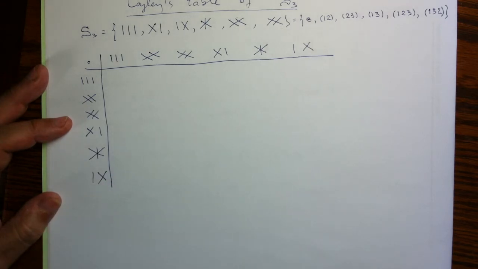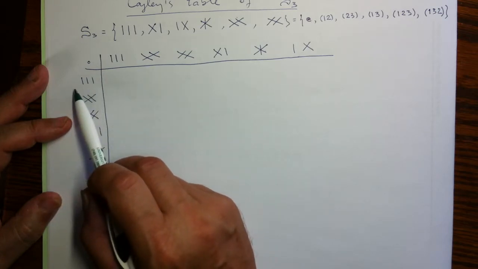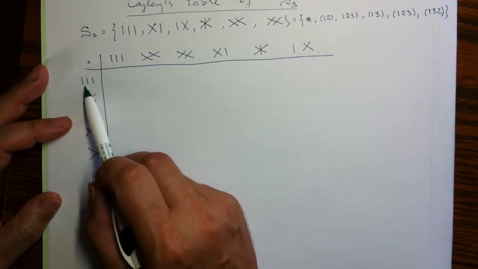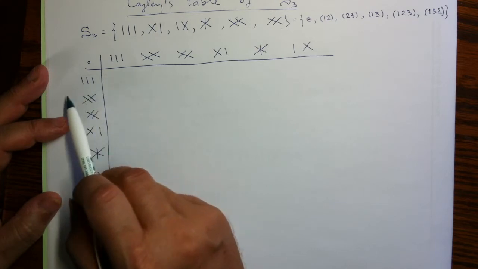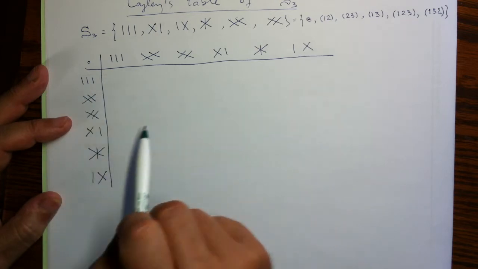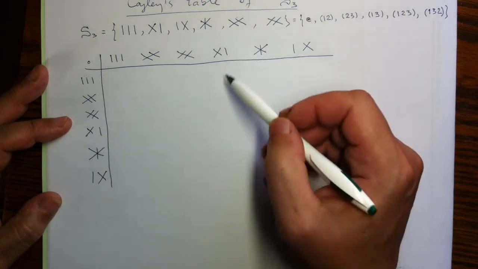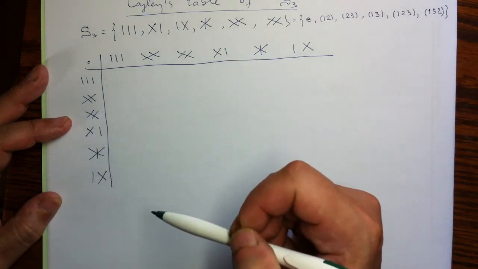And now I have to compute results of composition in the following agreement. The row label will be the one which is applied first, and the column label will be the one which is applied after.